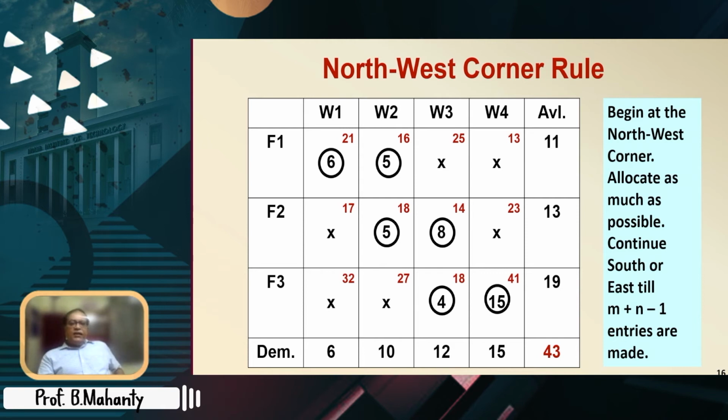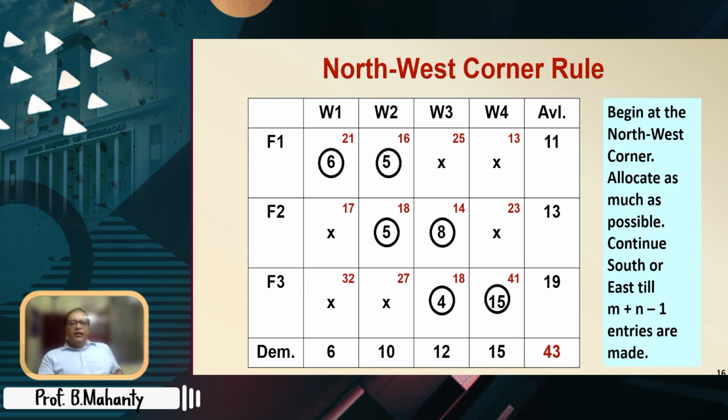See, there are 7 equations here. Can you see that? The total availability is 11, 13, 19, and the demands are 6, 10, 12, and 15. So there should be 7 different equations to fulfill. But out of those 7, only 6 are possible to find because of the additional constraint sigma ai equal to sigma dj, because both side totals are equal.